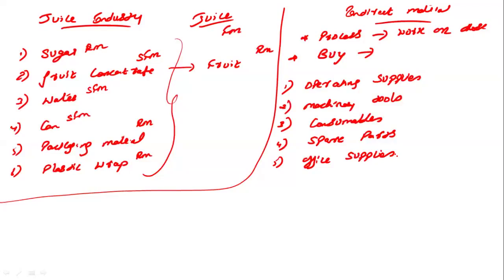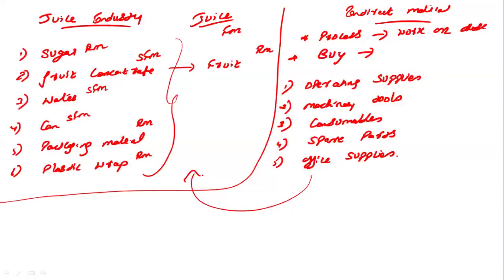So the materials which are not part of direct manufacturing or directly supplied to the customer, but are used for manufacturing of direct material. So these materials you will be using to manufacture the juice also. We need machines, office supplies, gloves, safety shoes. So all these are considered indirect material.